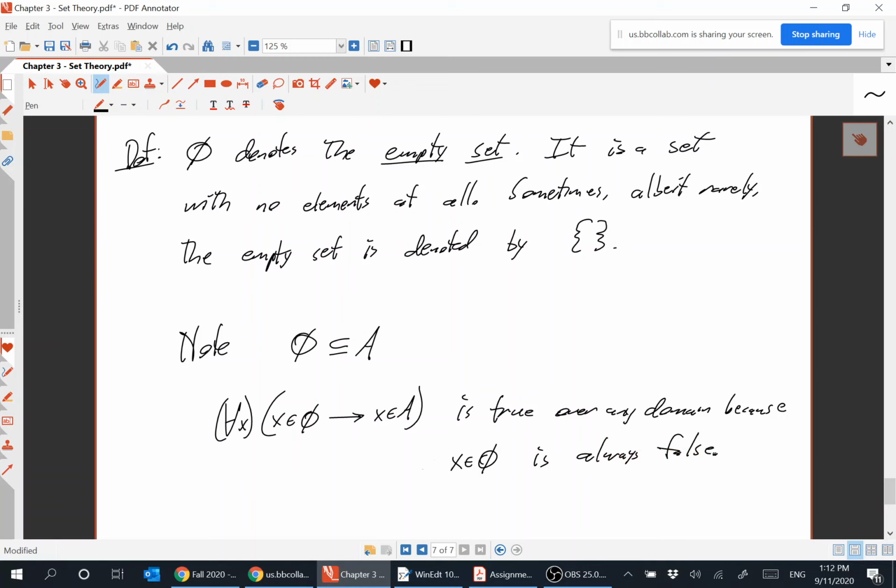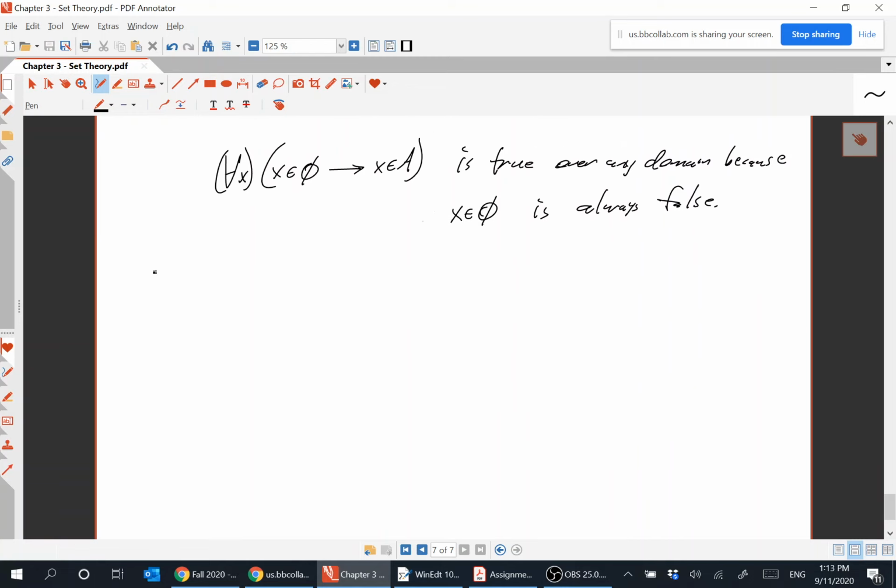The hypothesis is always false, so the implication is always true. So the empty set is always a subset for any set A. And A is always a subset of itself. So those are two trivial or cheesy examples of subsets.